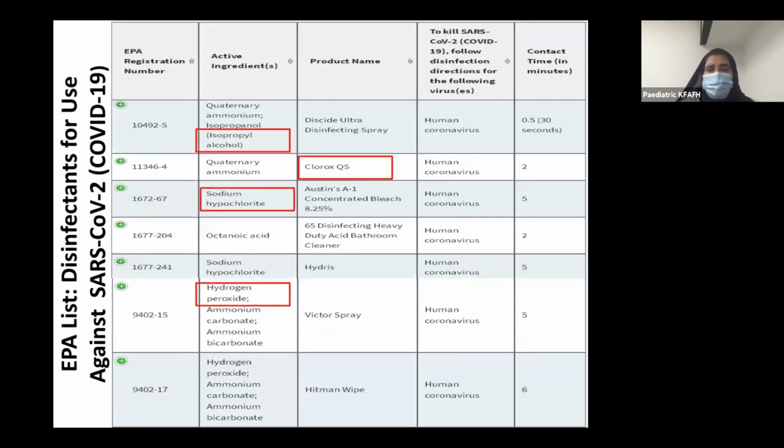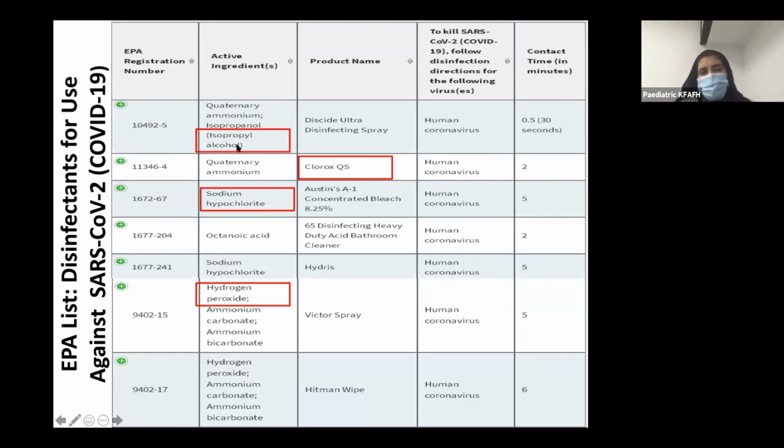And I want to share with you some of the disinfectants, and this is from the EPA. It has a list of the disinfectants and how effective they are against different viruses or bacteria.